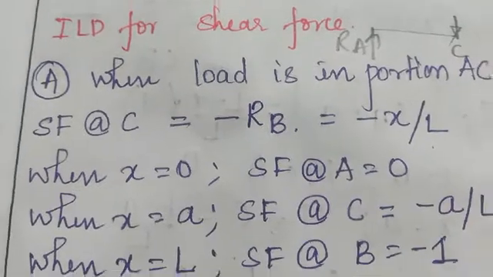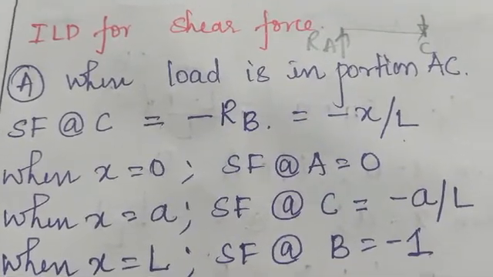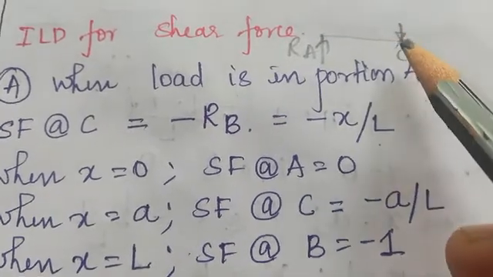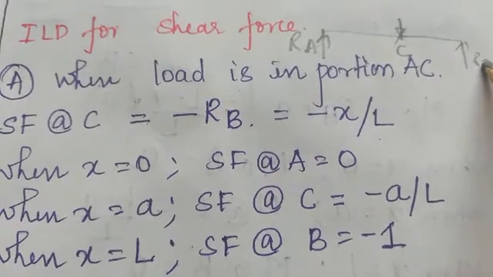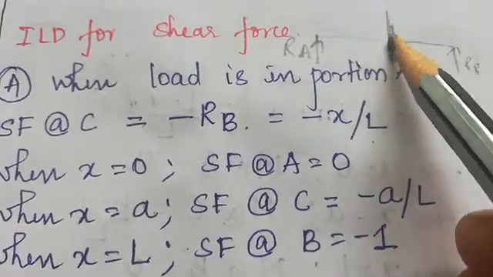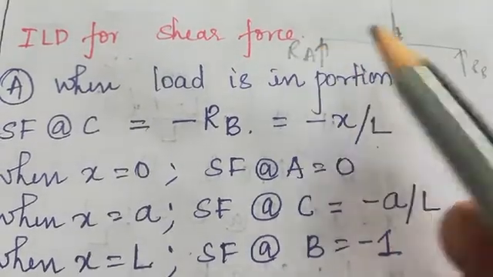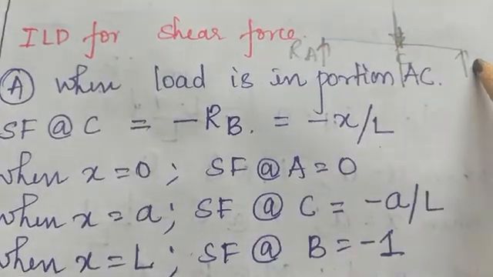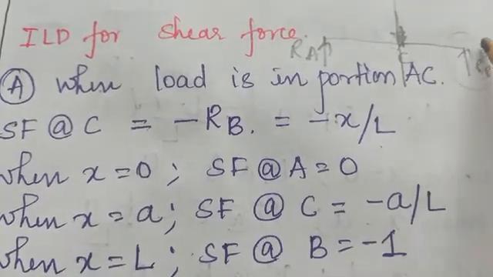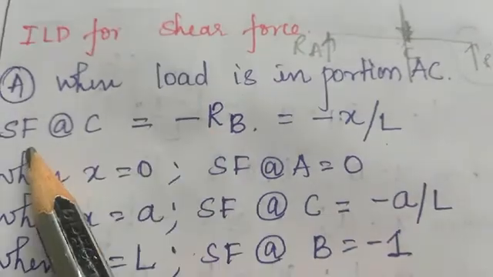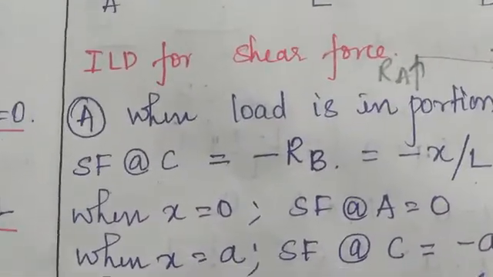Now when the load is in portion AC, the shear force at C will be equal to minus RB. So the complete beam is this, and this is your RB. For shear forces, we look either to the left of the section or to the right of the section. Shear force at C is equal to minus RB.